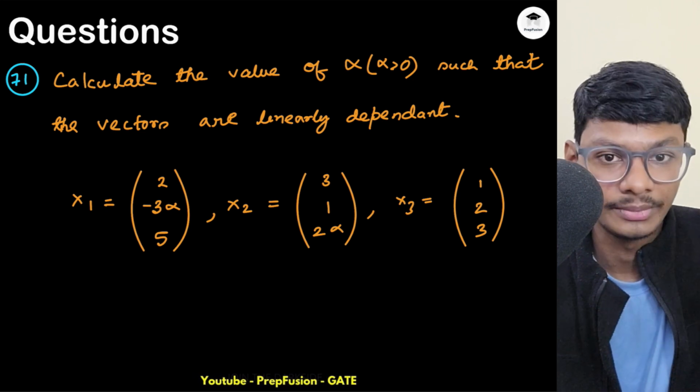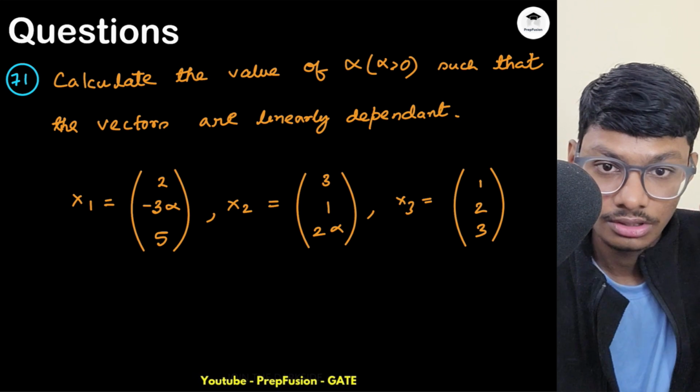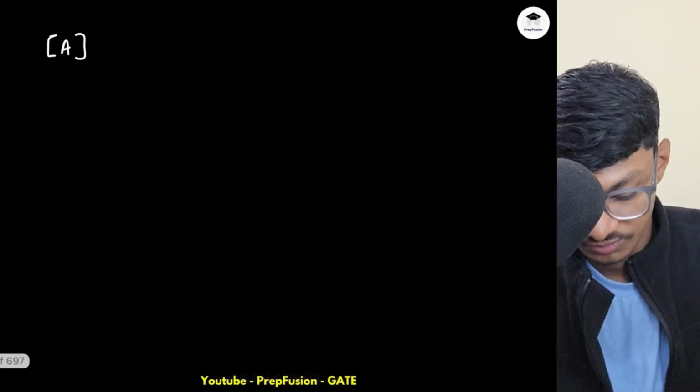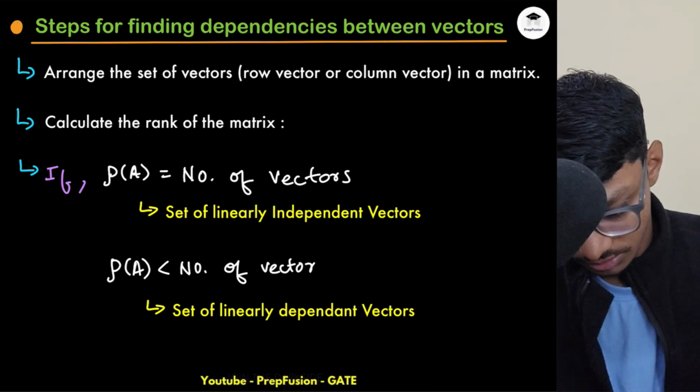If my dimension of each vector is less than the number of vectors. Okay, I will write this point later on.